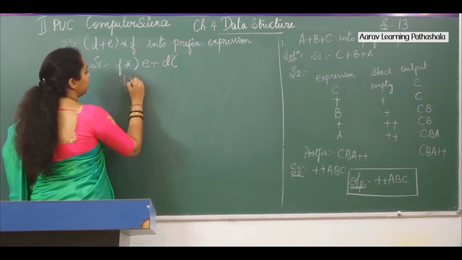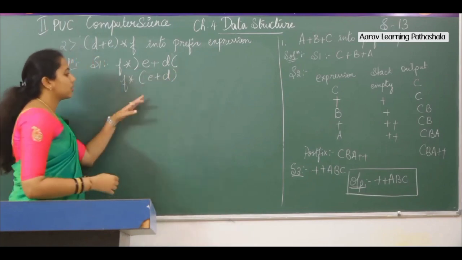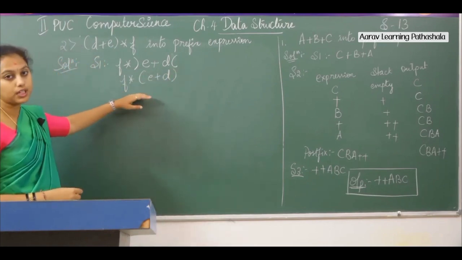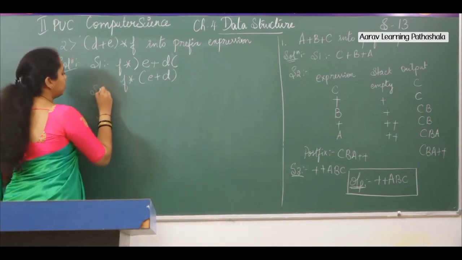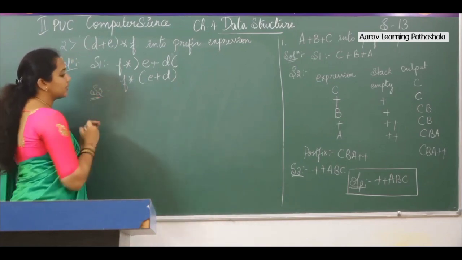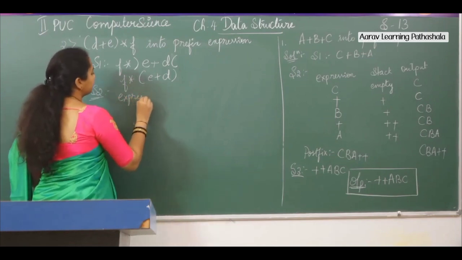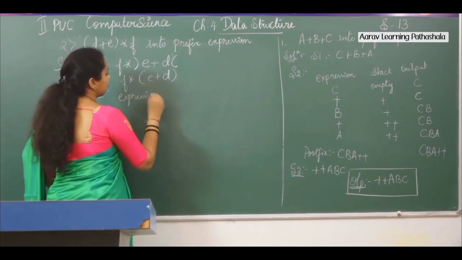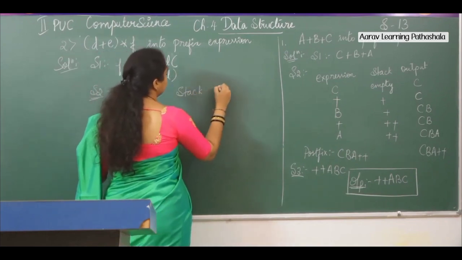So this is F into E plus D. So this is the reverse of the infix string. So in step 2 we have to convert it into postfix expression. So that is expression, stack, output.